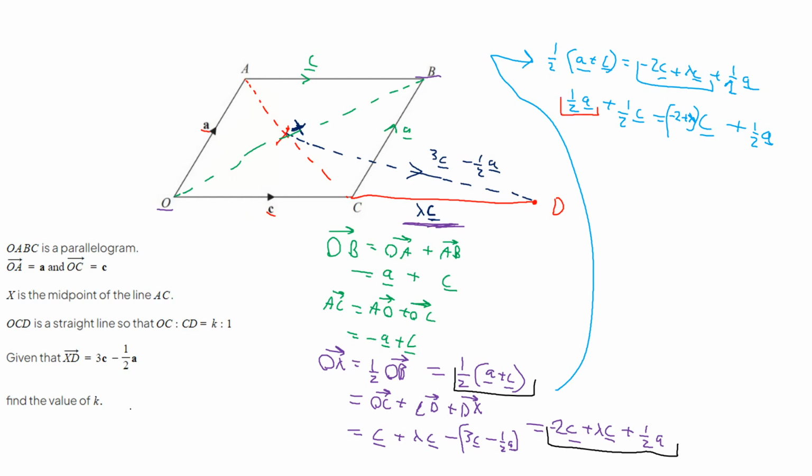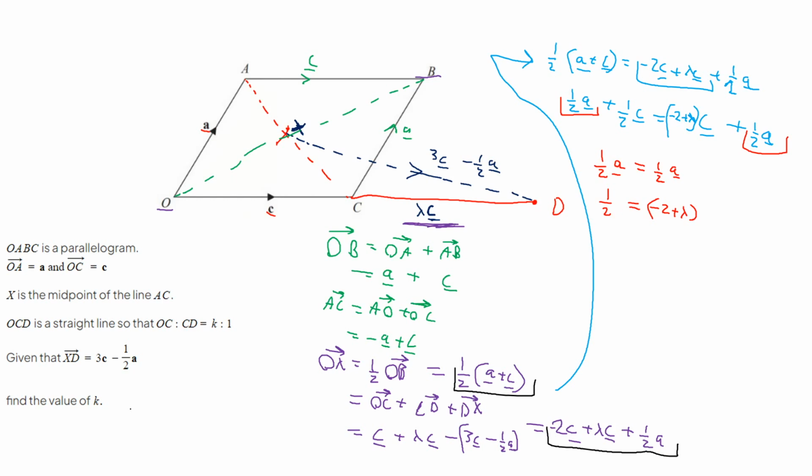Because this half is the same, we know we're correct, because obviously a half A is indeed equal to a half A. And so therefore, a half C is equal to (minus 2 plus lambda) C. And then, of course, the C's will cancel out, so we can get rid of those.